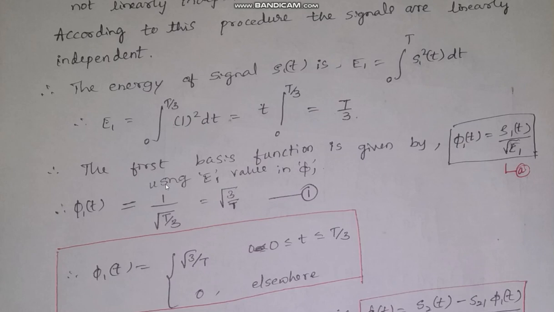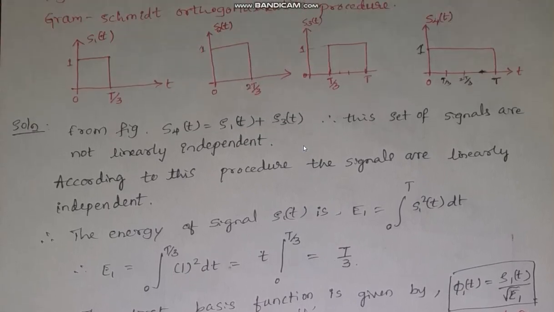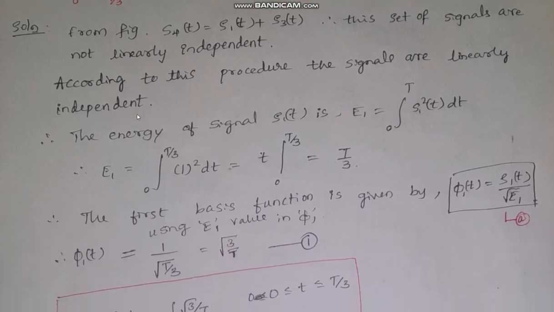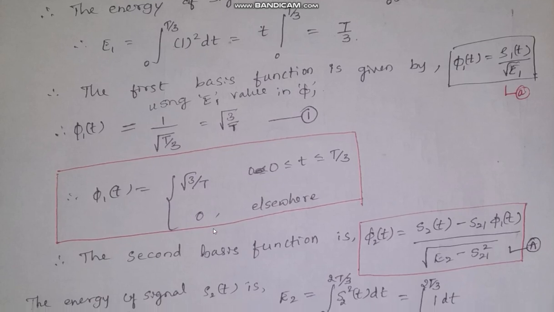So if we invert this, we'll get root 3 by T for the duration of 0 to T by 3, because you see here the signal spans from 0 to T by 3 only. So phi 1 of t is root 3 by T in the range 0 to T by 3. Elsewhere it will be 0.